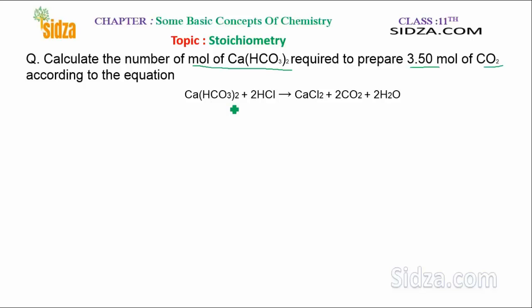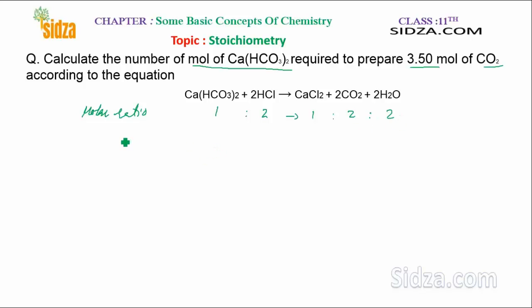So over here, the molar ratio is: 1 mole of calcium bicarbonate reacts with 2 moles of HCl and you get 1 mole of calcium chloride, 2 moles of carbon dioxide and 2 moles of water.